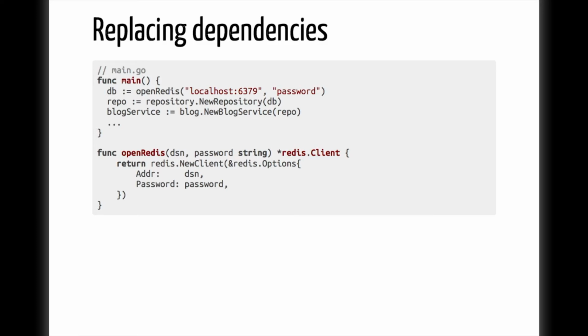And in main, the main difference is that we replace the OpenDatabase with the OpenRedis function, and basically we just pass the new repository into our blog service. And basically that's all.